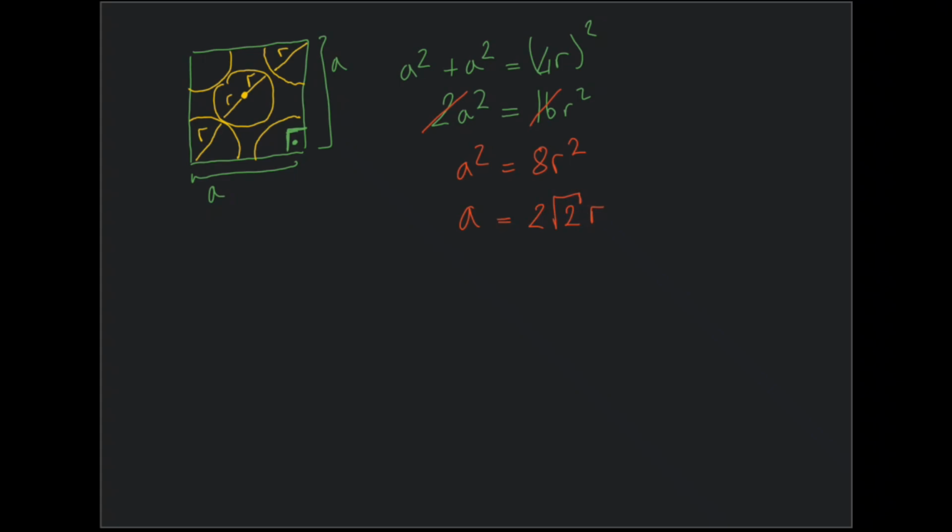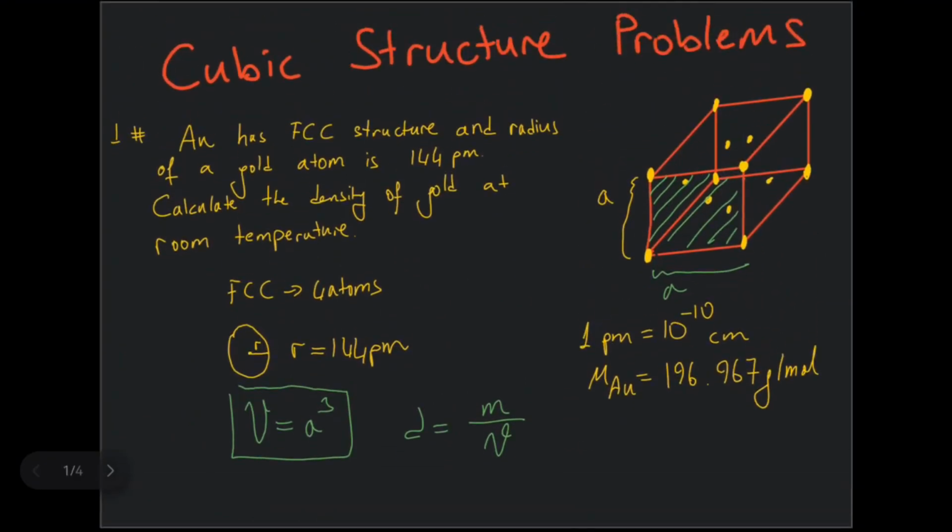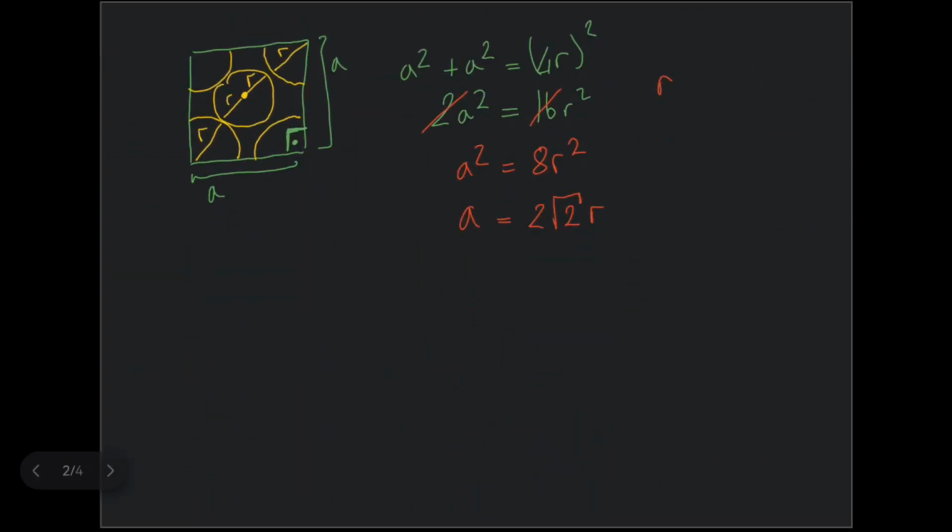And we know R, which is given in the question. R is equal to 144 picometers, and it is 10 to the minus 10 centimeters. So A is equal to this number.